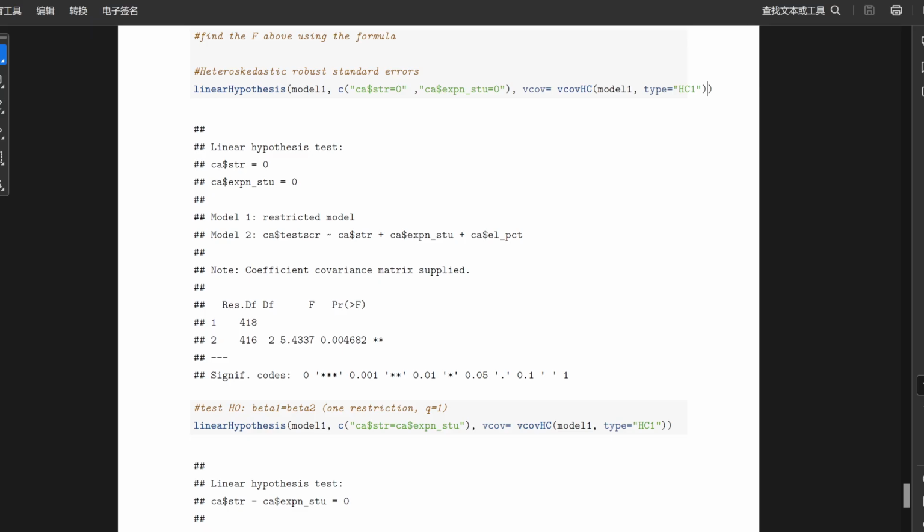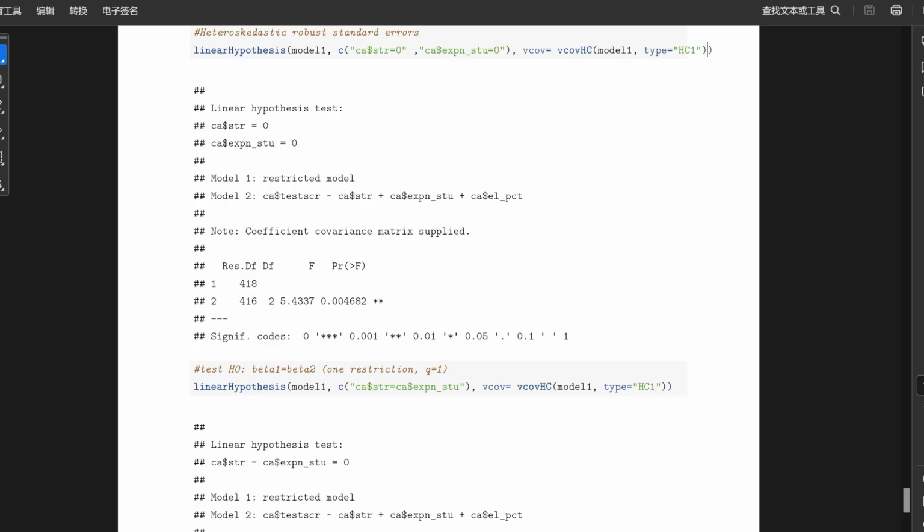And then we can test the null hypothesis that beta 1 equals beta 2. In this case, we do not restrict them to be equal to 0. Beta 1 and beta 2 can be anything, but they have to be equal to each other.